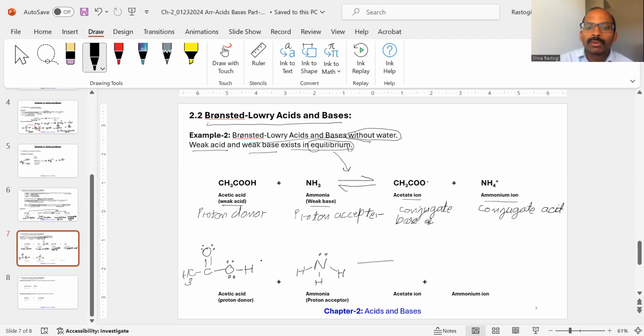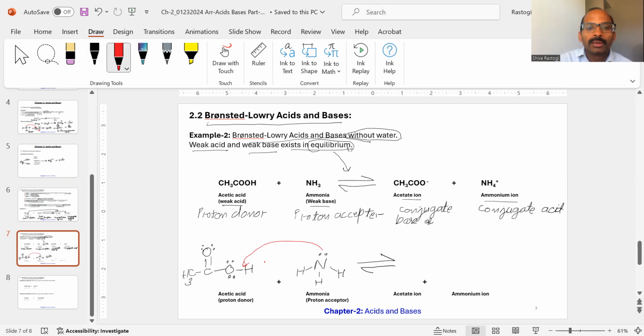What will happen? We write the equilibrium sign, and now I'll change the pen color. You can see this lone pair of electrons from ammonia will take the proton from the acid.